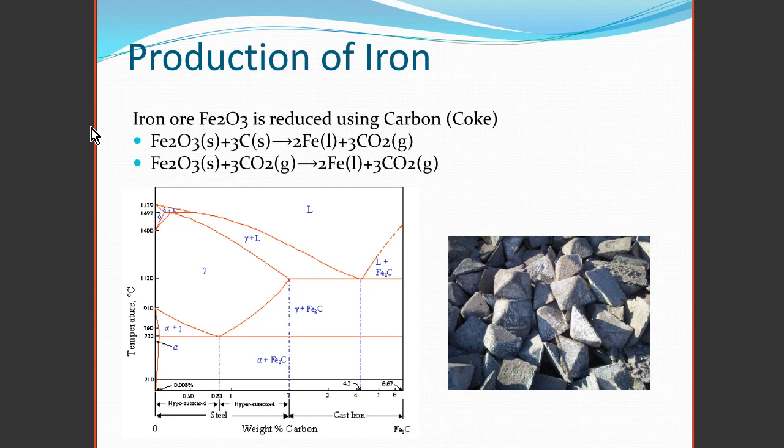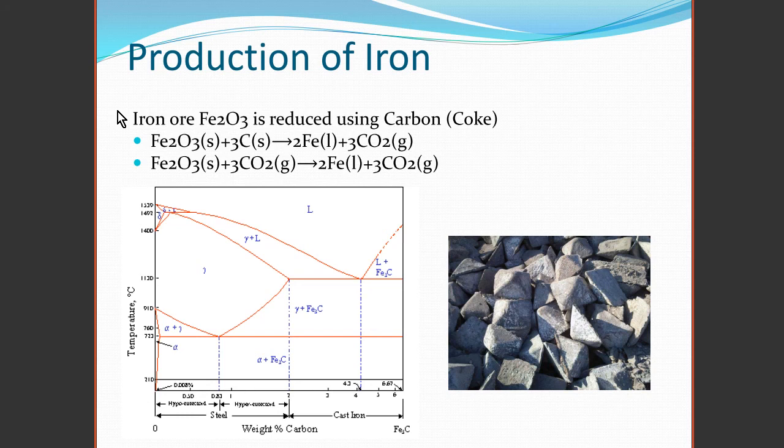Let's go back now and see how iron is produced. Iron occurs in a natural environment as an ore, as iron oxide. One example of iron ore is hematite. The oxide is reduced using carbon, in the form of coke, which is produced from coal.